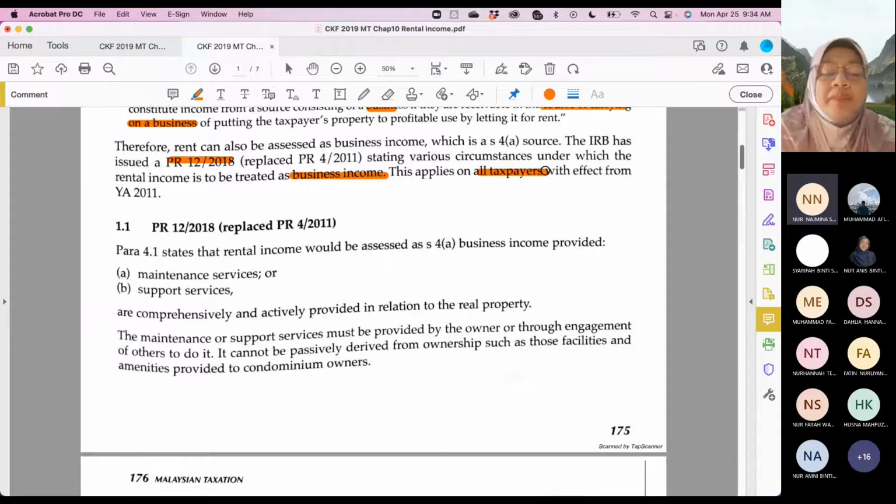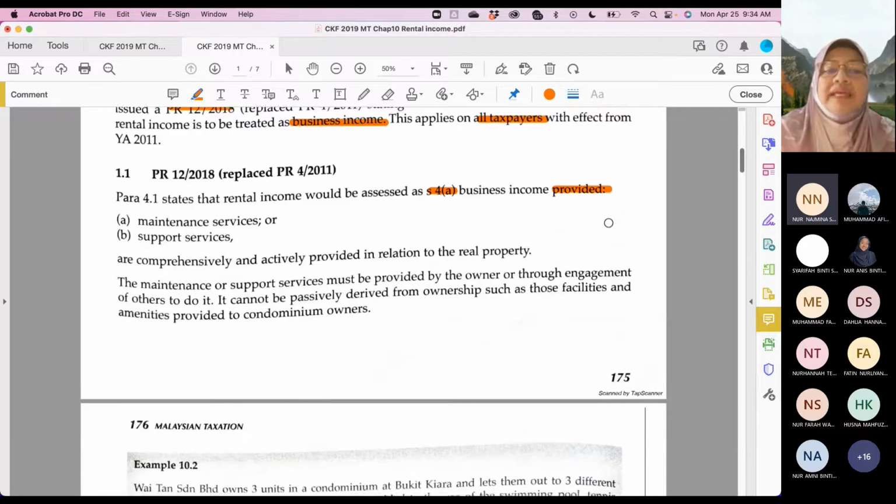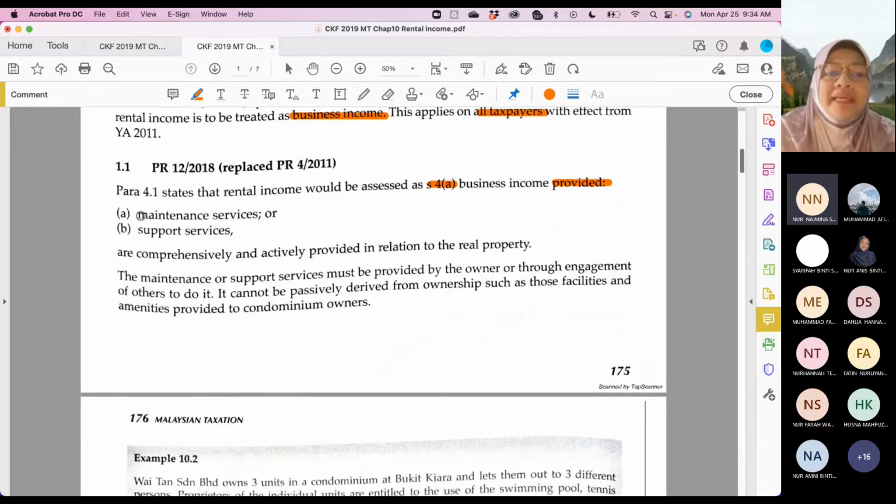Public Ruling 12 of 2018 says that rental income will be assessed under section 4A provided, and this is the key, you provide maintenance services or support services comprehensively and actively in relation to the real property.